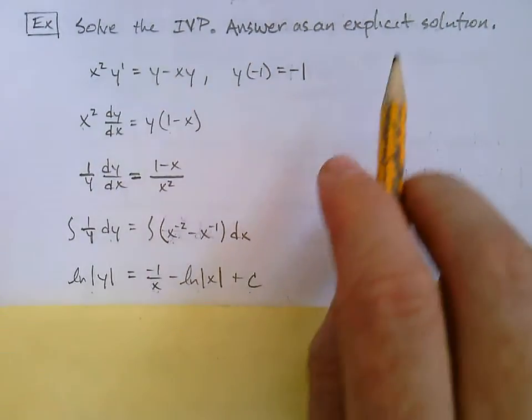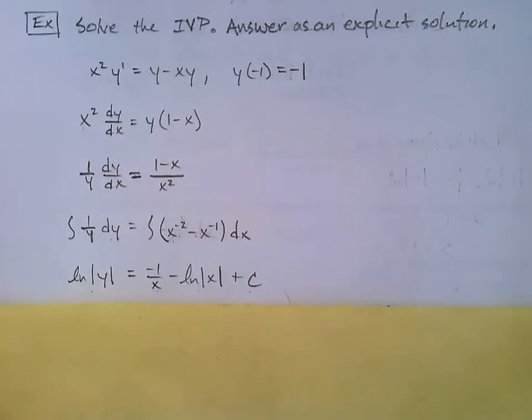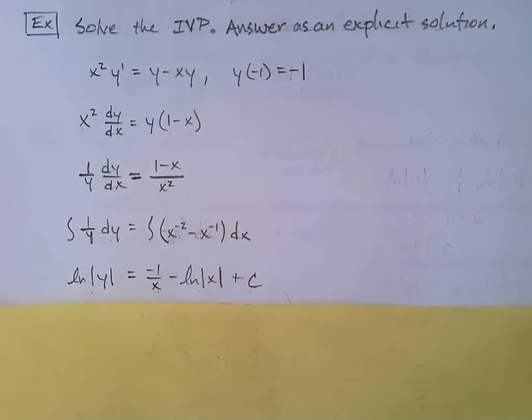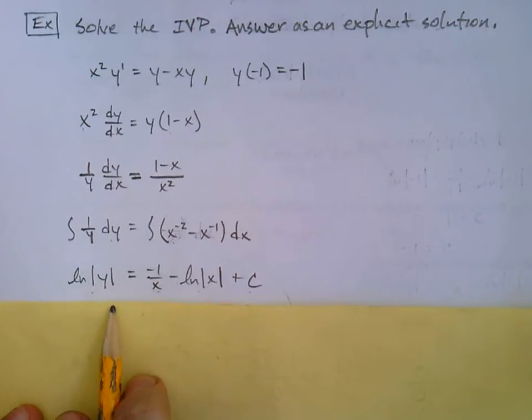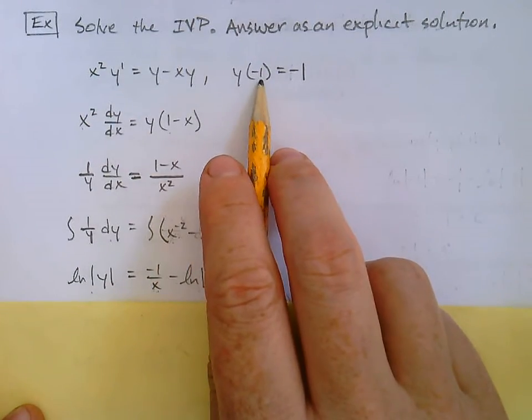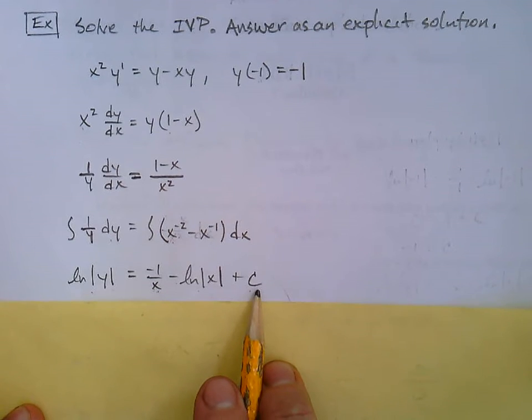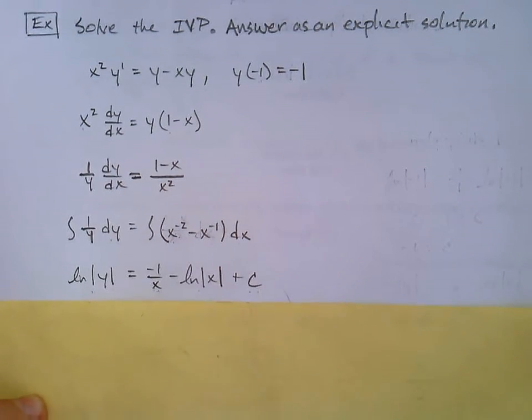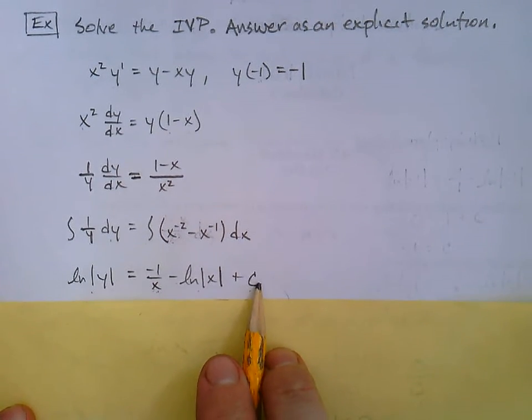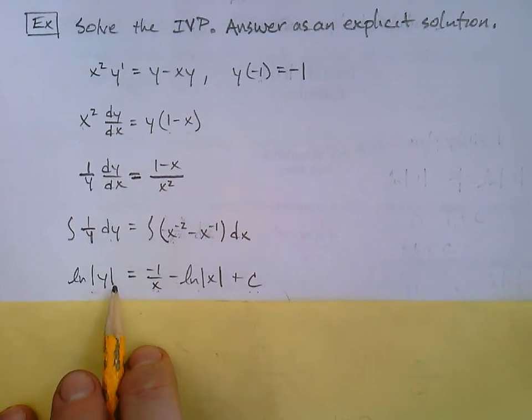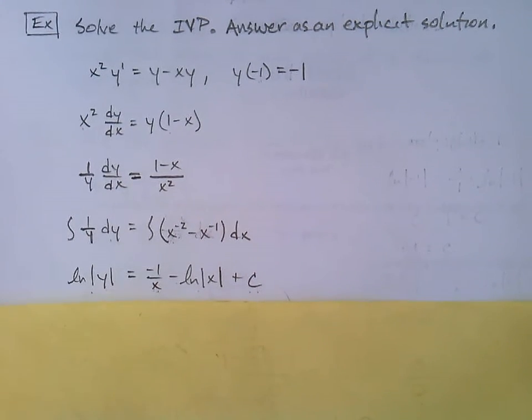But we're also going to have to answer as an explicit solution. So we've got two choices. We can use the initial condition to figure out the c right here, and then once we have the value of c, go about isolating the y and answering as an explicit solution. You could do that.